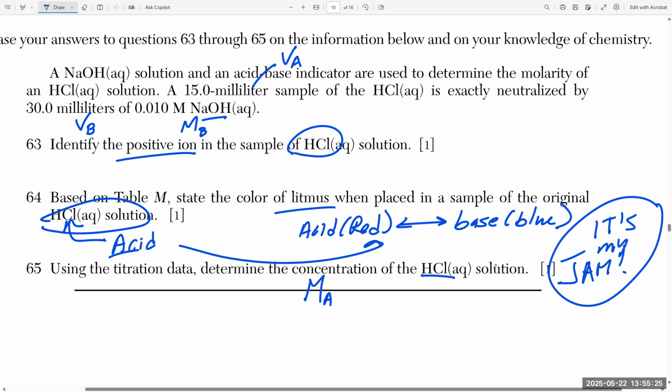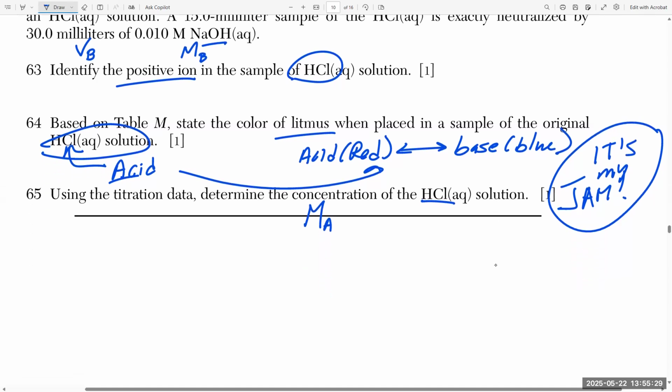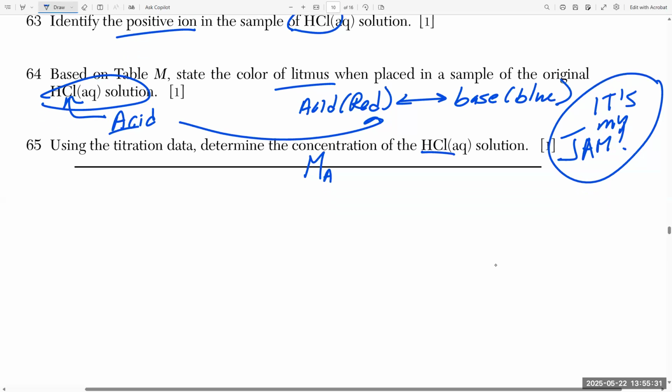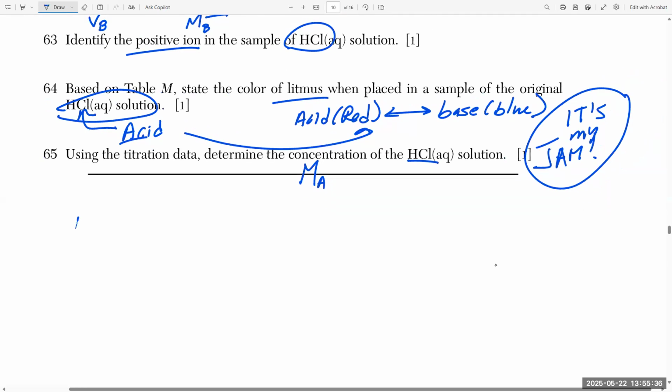That means, I don't know if we have room to do work, so maybe I'll put the work over here, right? Because I think the answer booklet doesn't have any room anymore, right? So I'm going to write down my shopping list. MA, MB, VB, right? And what do we got?